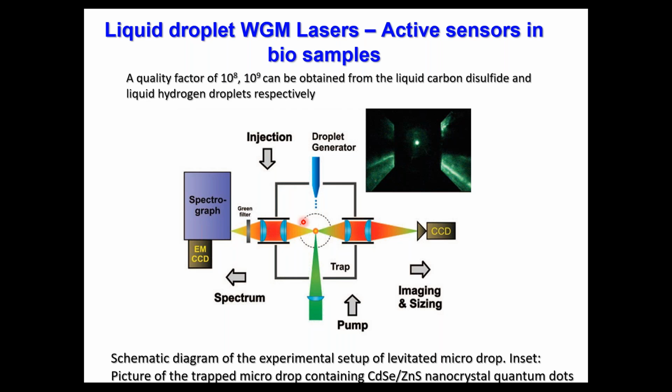The frequencies generated by the laser and trapped in the sphere in the liquid droplet can be analyzed using a CCD camera. So this is the image of the droplet which is levitated.